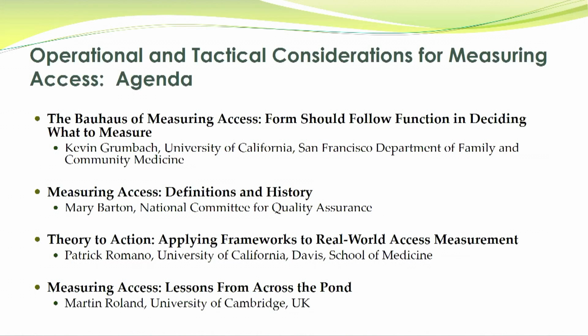And he will be focusing on his extensive experience on real-world access measurement. And Martin Rowland from the University of Cambridge in the United Kingdom, who really brings in sort of a combination of a long history of measuring access, among other things, and integrating it with policy and the results of policy.